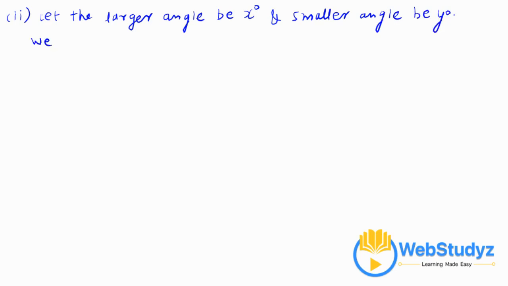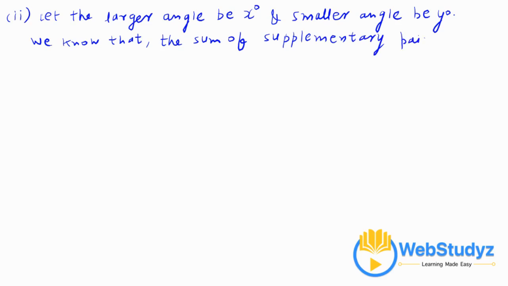We know that the sum of supplementary pair of angles is always 180 degree.